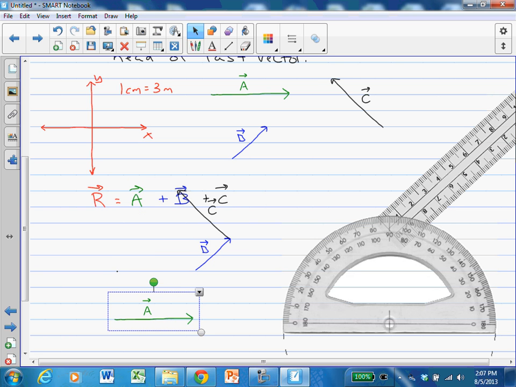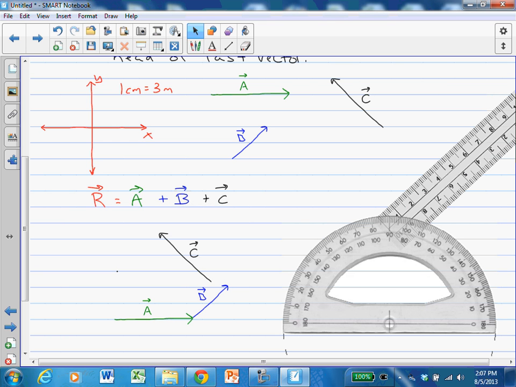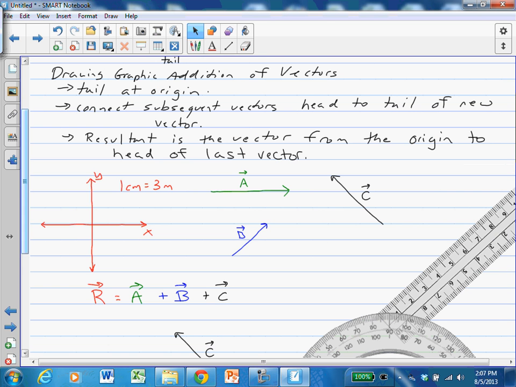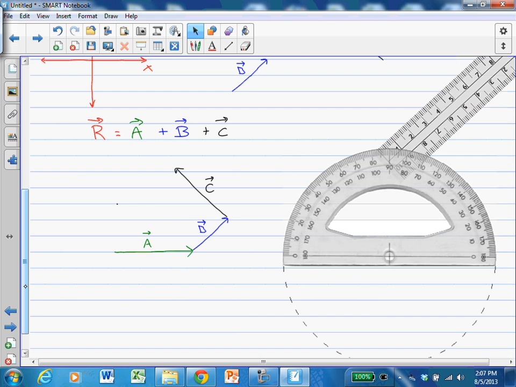I know it's easy for me to do that and hard for you, but there we go. And now, remember the resultant is the vector from the origin to the head of the last vector. So a resultant here would go from here up to there, like that.